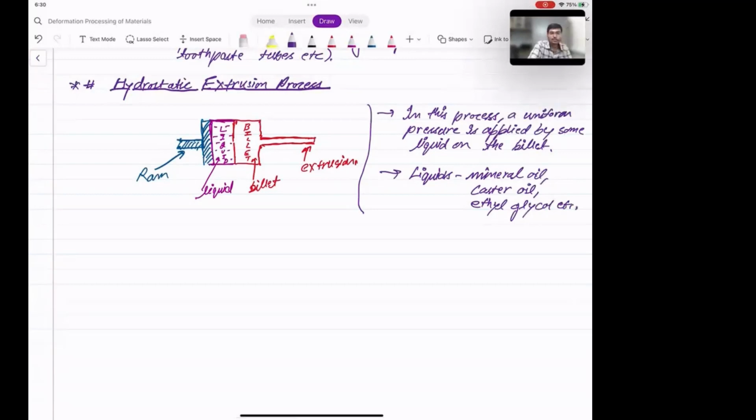Okay. So since this process applies hydrostatic pressure, it can be utilized for ceramics also. So it will be relatively safer for them.